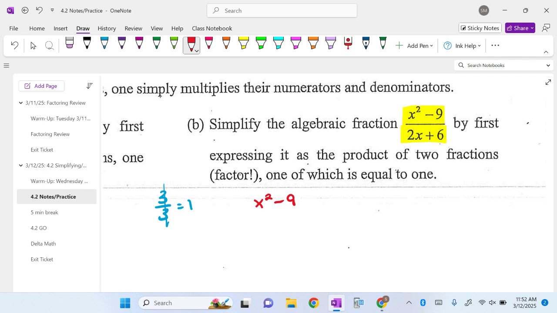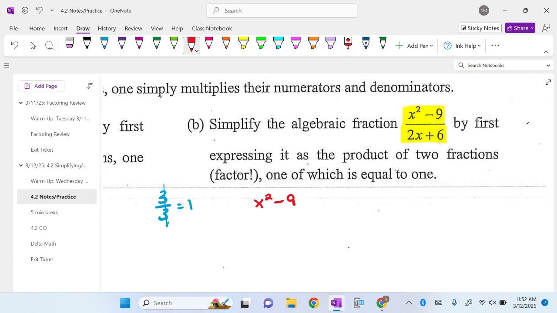So x squared minus 9. How many terms are in there? 2. Is there a GCF? No. So if it's 2 terms but no GCF, what could it possibly be? A difference of squares. So that means that we have 2 terms that are perfect squares.